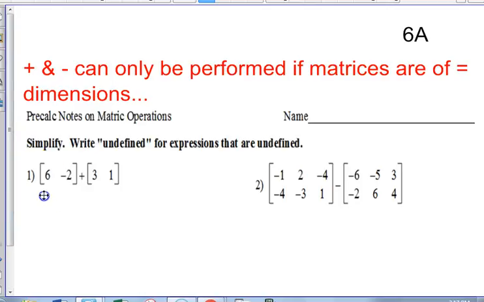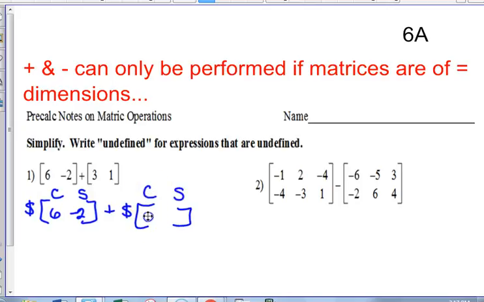All right, guys. I'm going to pretend that this is the amount of money in my checking account and in my savings account, just because I want you to see that there's a usefulness for this. I have $6 and -2 for some reason. Okay? I go to the bank and I make a deposit into my checking and into my savings of $3 and $1.